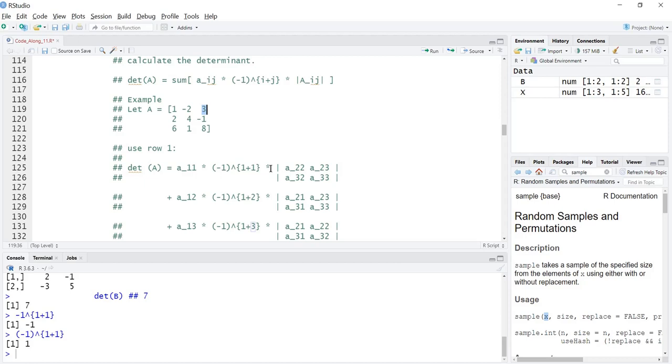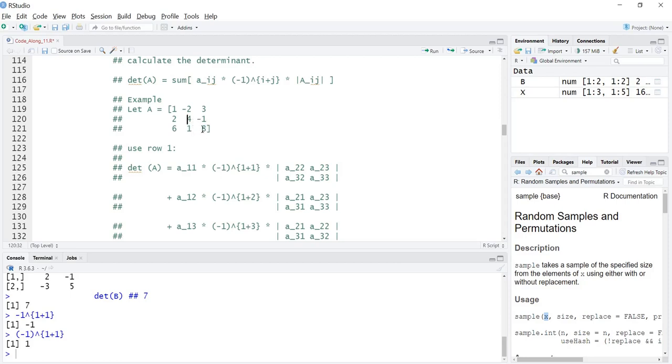And then instead of writing a, b, c, d, I wrote the actual A subscripts with the i and j values here. So I've got A22, A23, A32, and A33, and that would be a 4, a negative 1, a 1, and an 8 for this first one, because I'm using row 1, so I can't use anything in this top row, and I can't use anything in this first column, and what it leaves are these 4 numbers here, that 2 by 2.